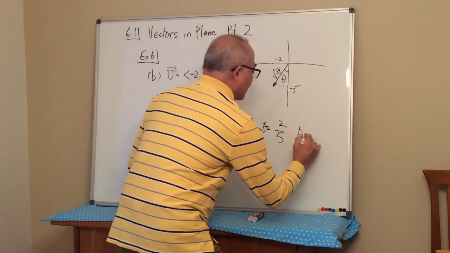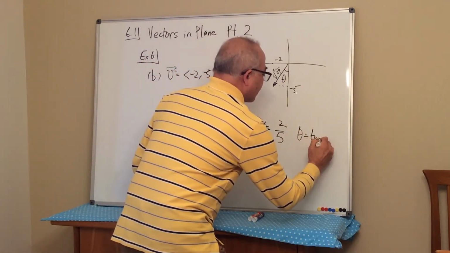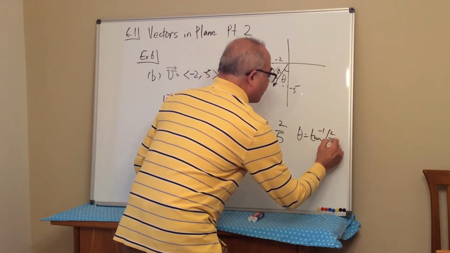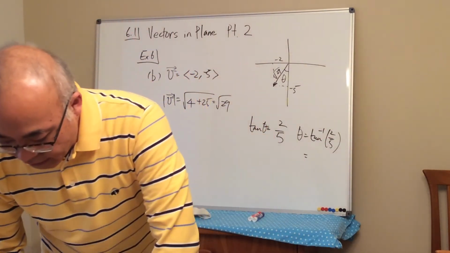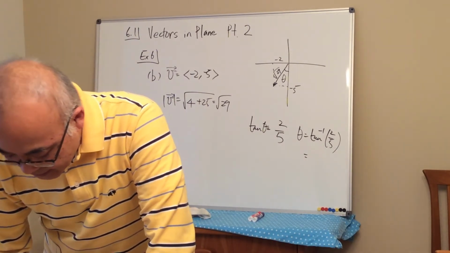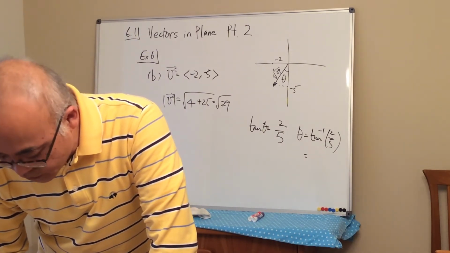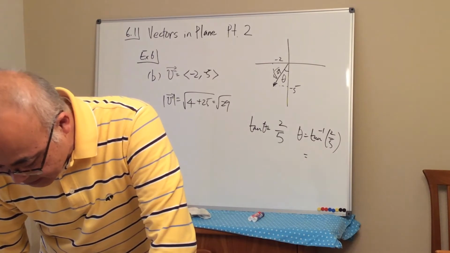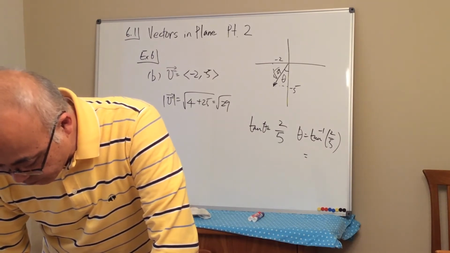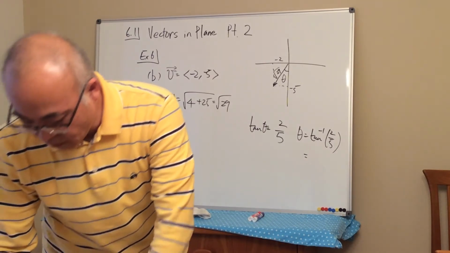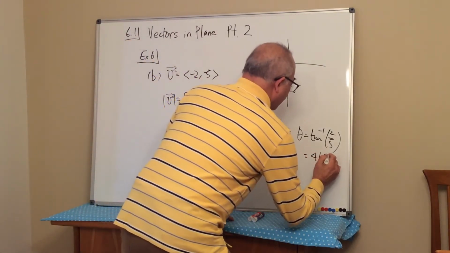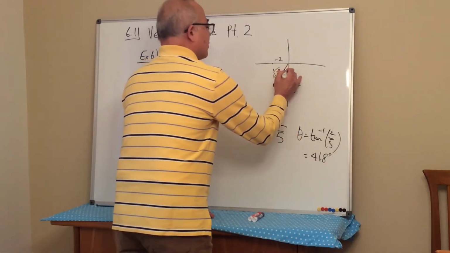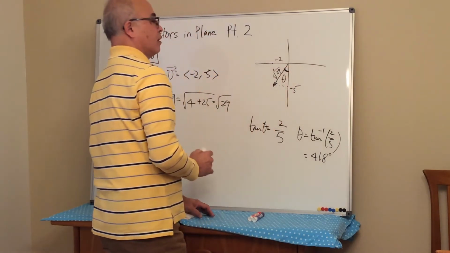So the arctangent of 2 over 5, if I do that, I am going to get 41.8 degrees. So this guy here is 41.8 degrees.